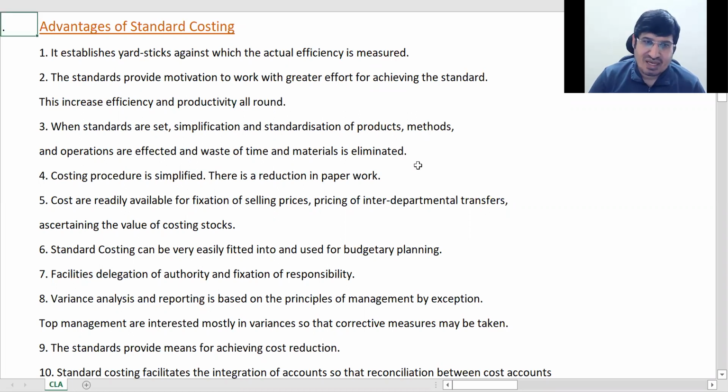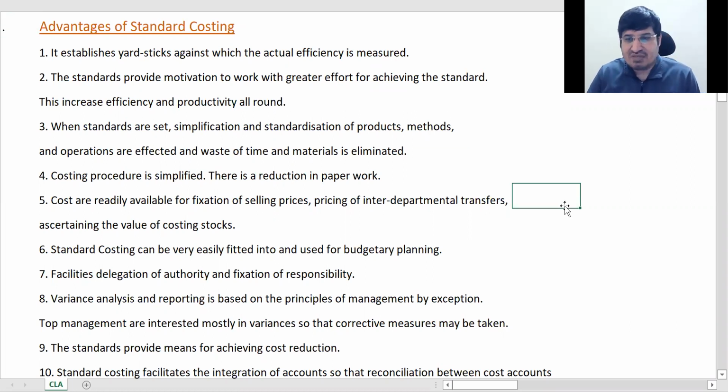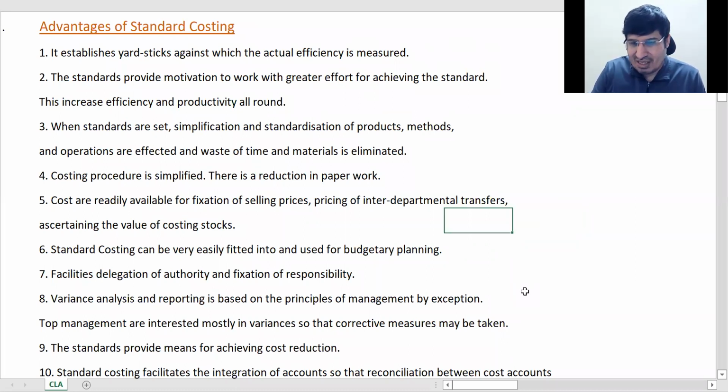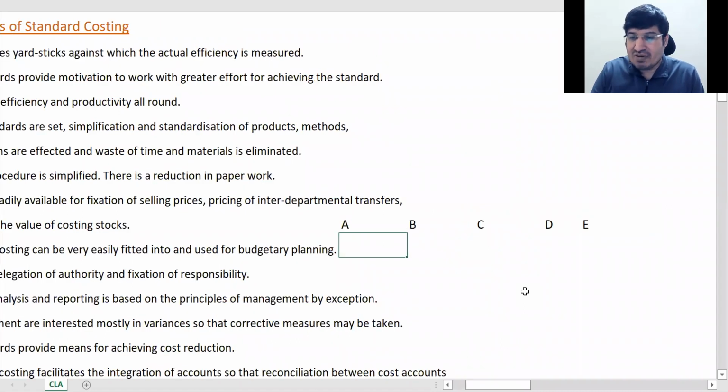Okay, so management by exception is what I was telling you. What is management by exception? Say there are 5 things in which the management is interested: A, B, C, D, E. Say 5 project costs which they are interested in, for example.